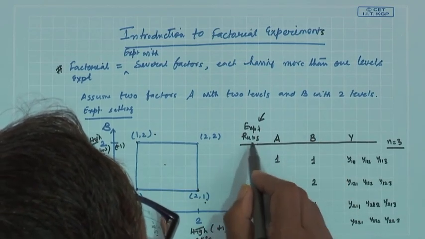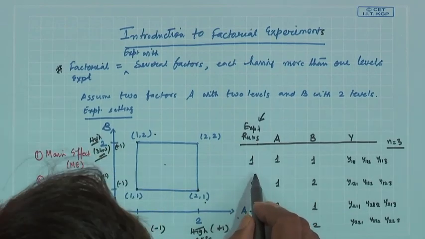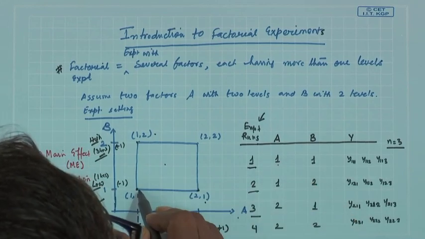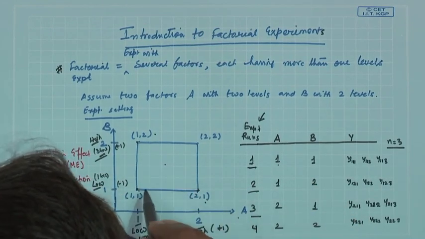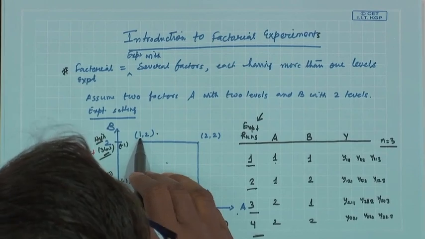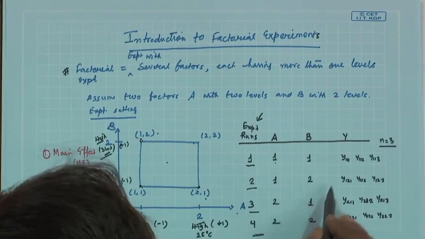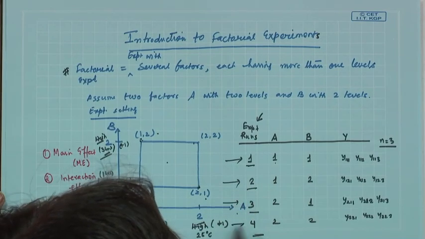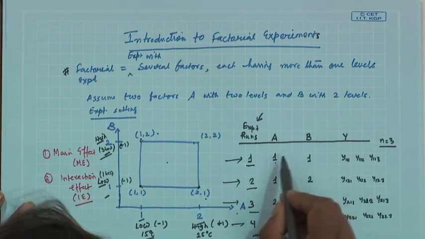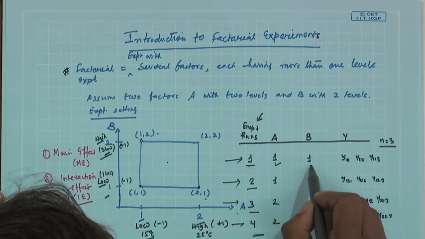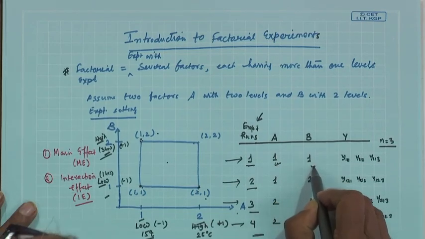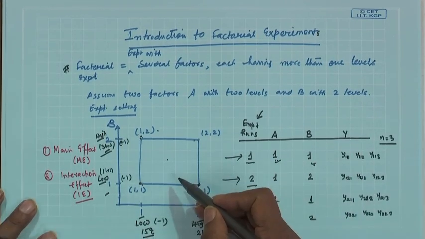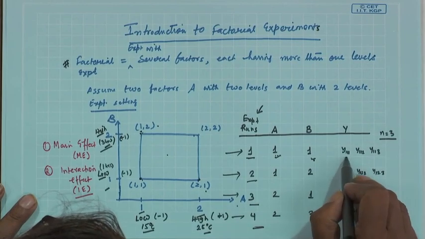experimental settings, where we do the experiment: 1, 2, 3 and 4. This is the first setting, second setting, third setting, fourth setting. Now, keeping A 1 and B 1, meaning A at low and B at low, you can run the experiment 1 time, 2 times, 3 times, n number of times.